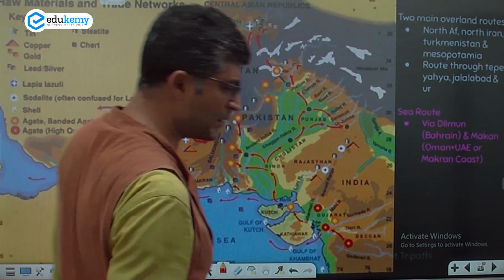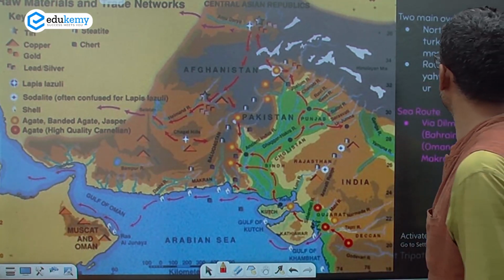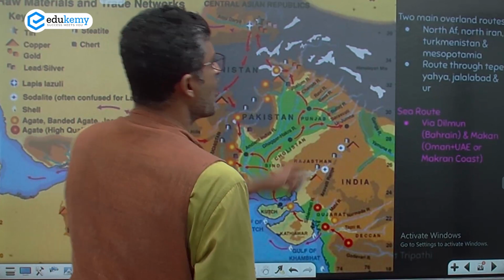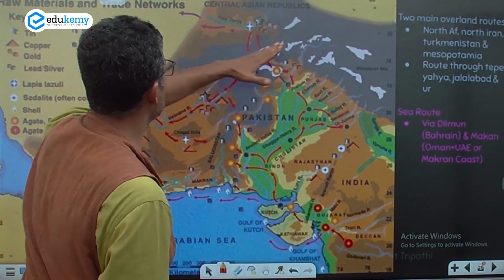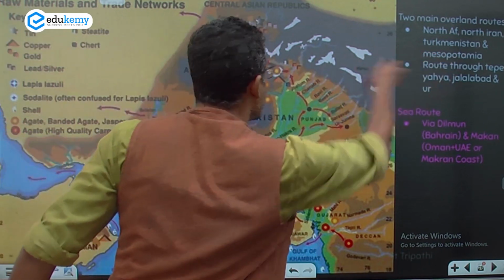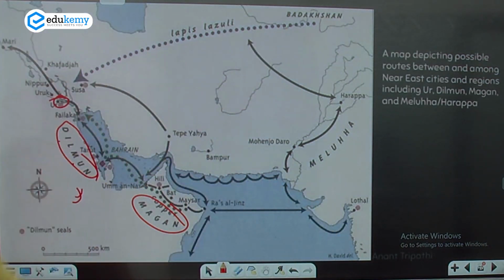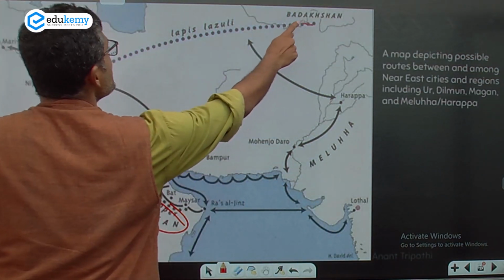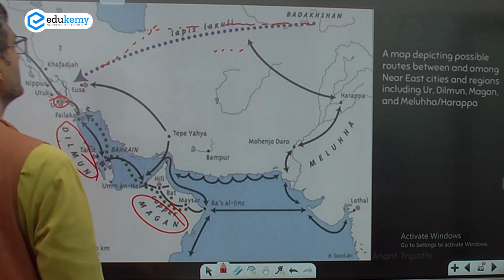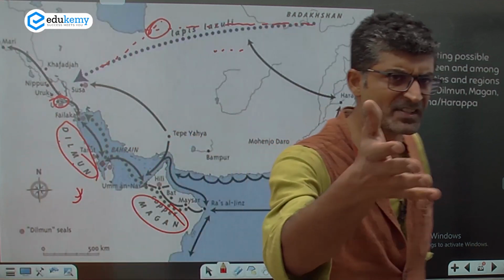Okay, now let's have a look at this map. I'm sure it will start making much more sense. There were two main overland routes. One was via northern Afghanistan, northern Iran, Turkmenistan and Mesopotamia. And there's a very important city here, which is now in Turkmenistan.